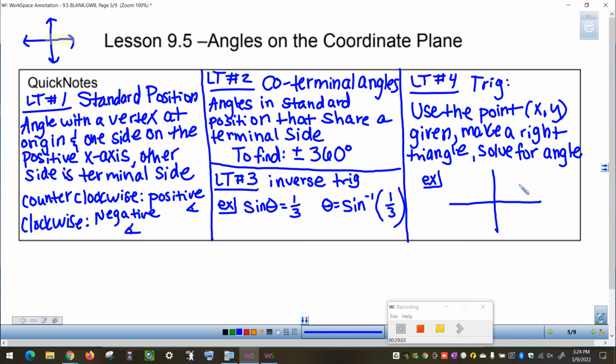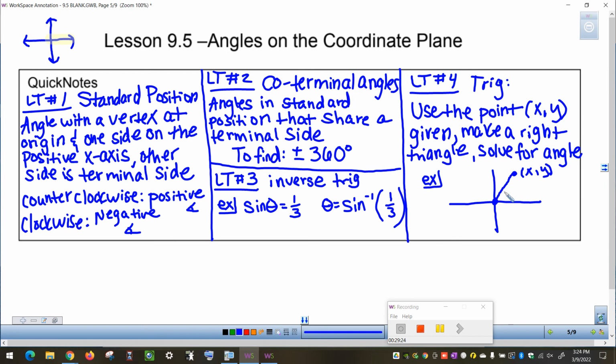So a general example here of what the picture is going to look like. Our ordered pair, point (x, y), we want to start by plotting that point first. So say it looks something like this. And the way that we make it into a right triangle is we're going to start by drawing a diagonal line to the center. So every time I want you to think about your little paper clip, like what that means.